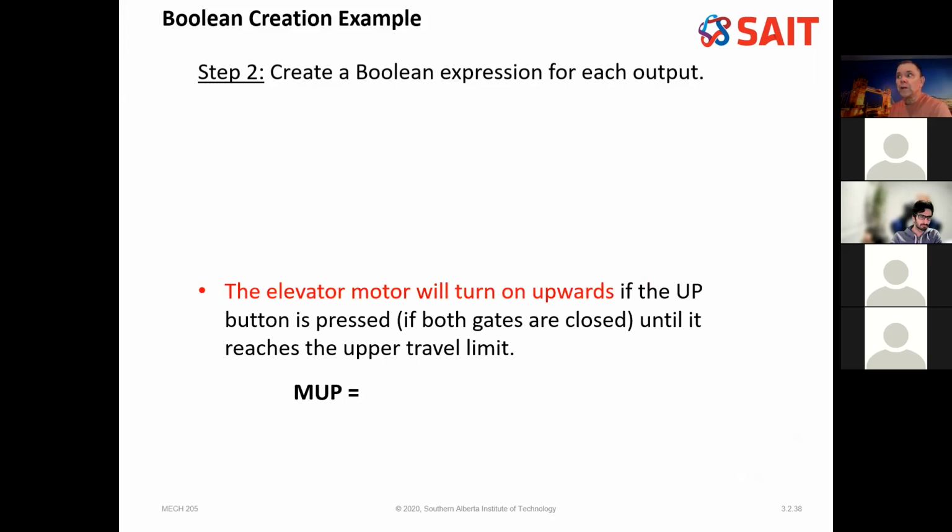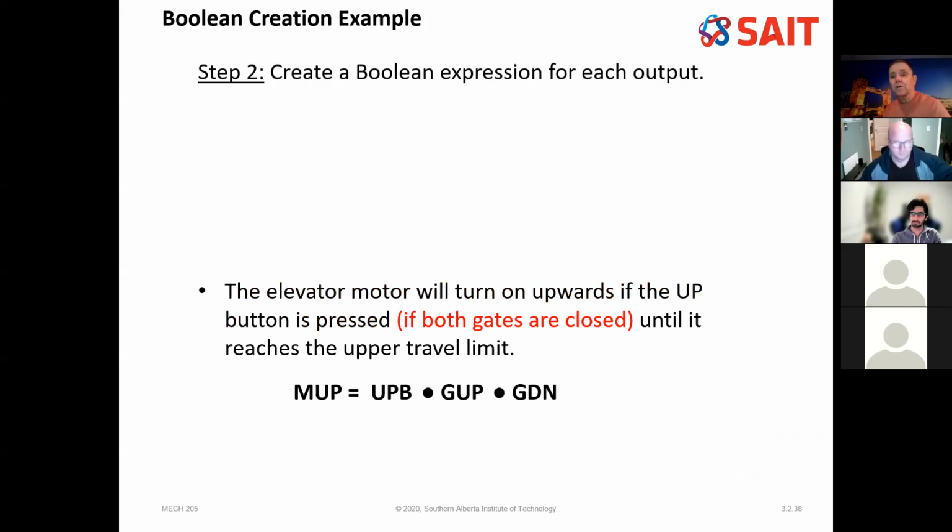So motor up will turn upwards if the up push button is pushed and both gates are closed, right? And they're normally open gates, so when they're closed, they're active. So there'll be active high signals until it reaches the upper travel limit, right? And that'll make it go up as long as you're pressing the button.